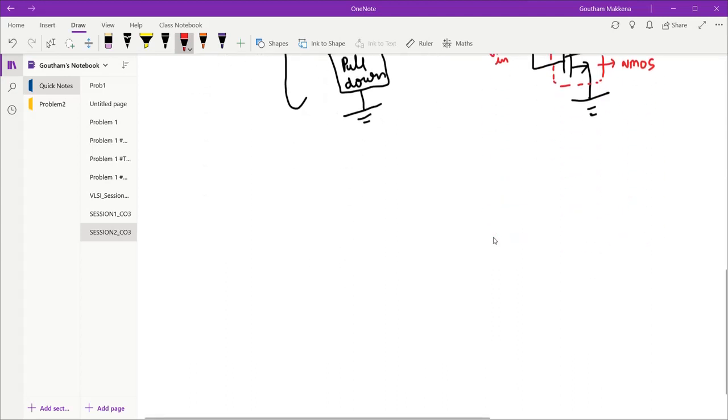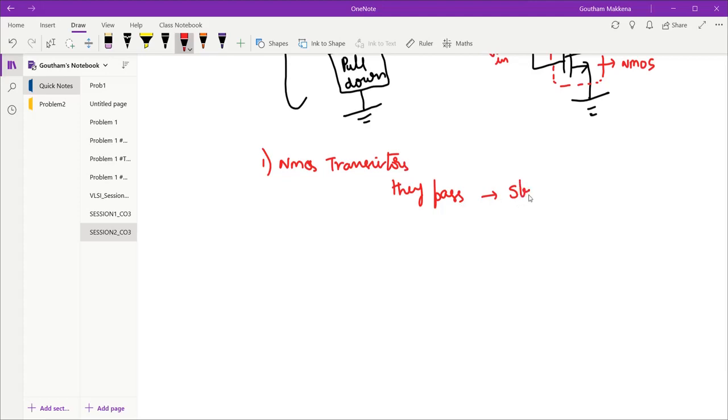Okay, so if we dig back to the basics, we know that NMOS transistors, I think I would have told 10 times in the class by now, they pass a very strong zero, but a weak one.